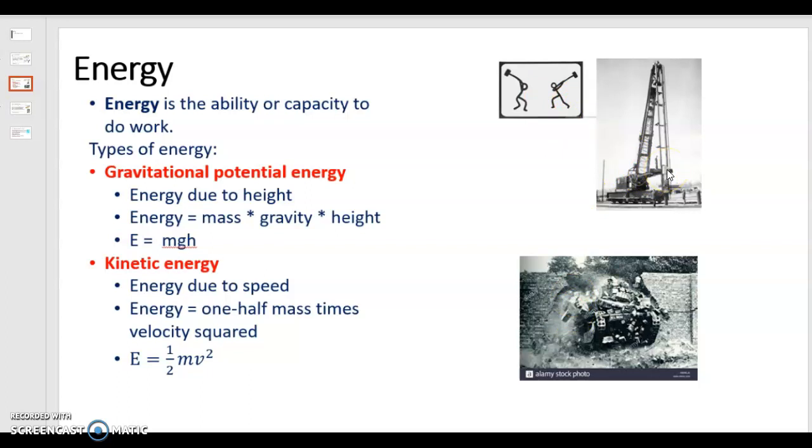This is called a pile driver, and it is a big stone on a rope or a wire, and then there's a motor back here that lifts the stone. So the stone gets pulled up, up, up. So it gains a lot of gravitational potential energy. We say the motor is doing work because it's applying a force to this rock through a distance.